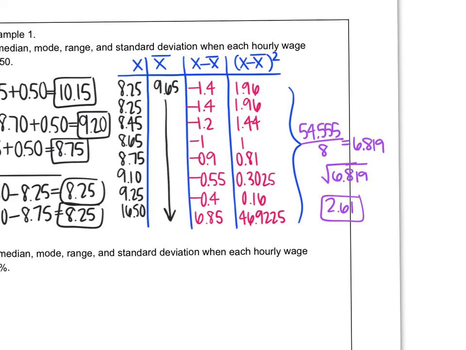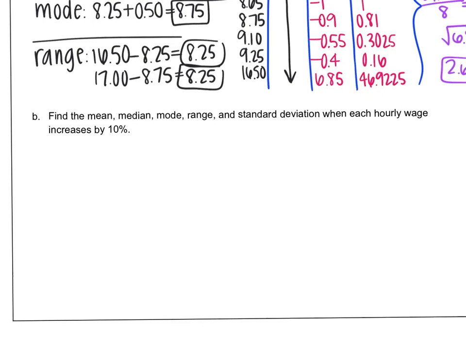Let's take a look at part B. Part B is a little bit different now because we're asked to find the mean, median, mode, range, and standard deviation when each hourly wage is increased by 10%. So basically I'm going to multiply everything by my rate. Now be careful here.